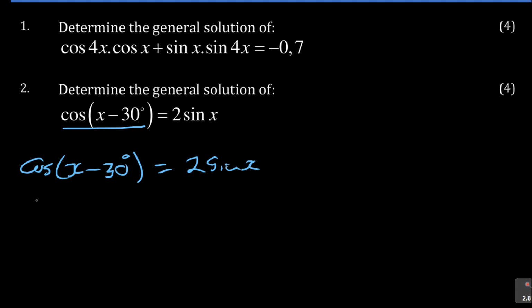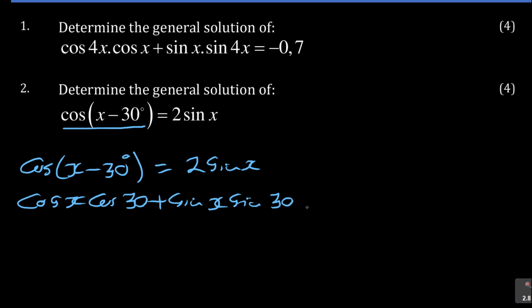Open that, expand that. This is cos x cos 30. Remember, using the double angle, refer to your double angle formulas. They will give you this one in the formula sheet. Minus means plus sin x sin 30, is equal to 2 sin x.